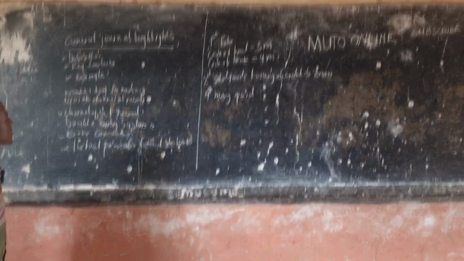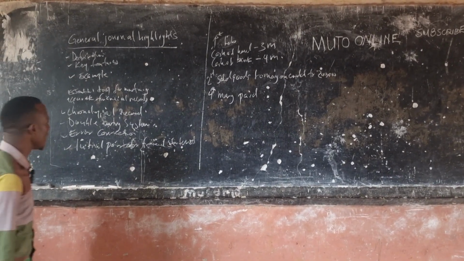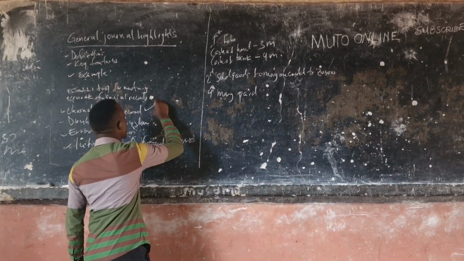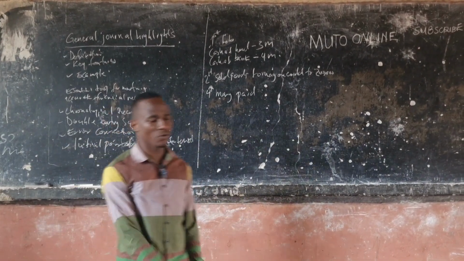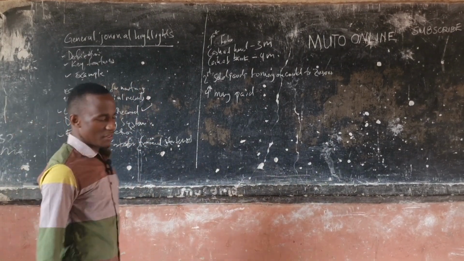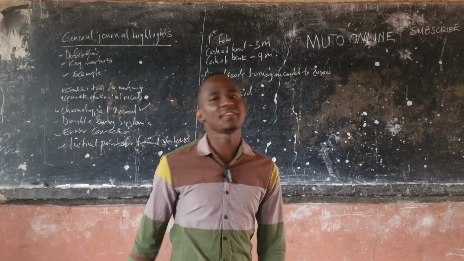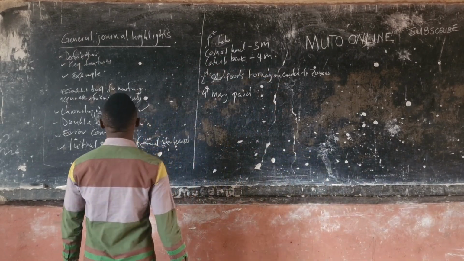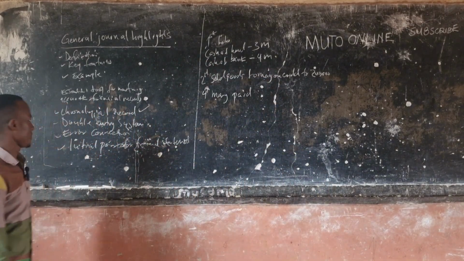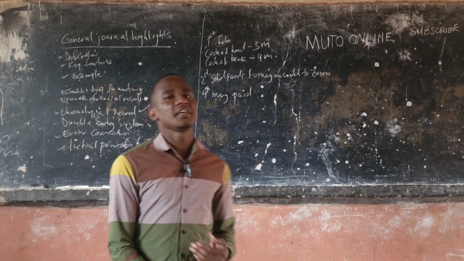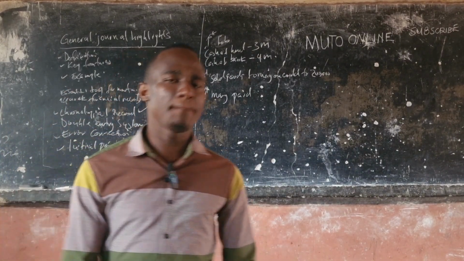First and foremost, in the general journal, all transactions are recorded in chronological order as given in the question. These questions have a start date and an end date. In simple terms, chronological order means the general journal helps us arrange these transactions in a step-by-step order.